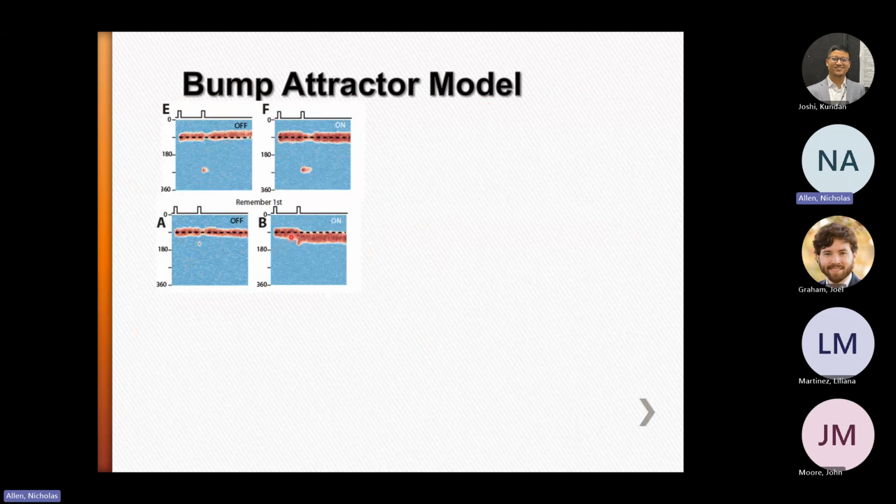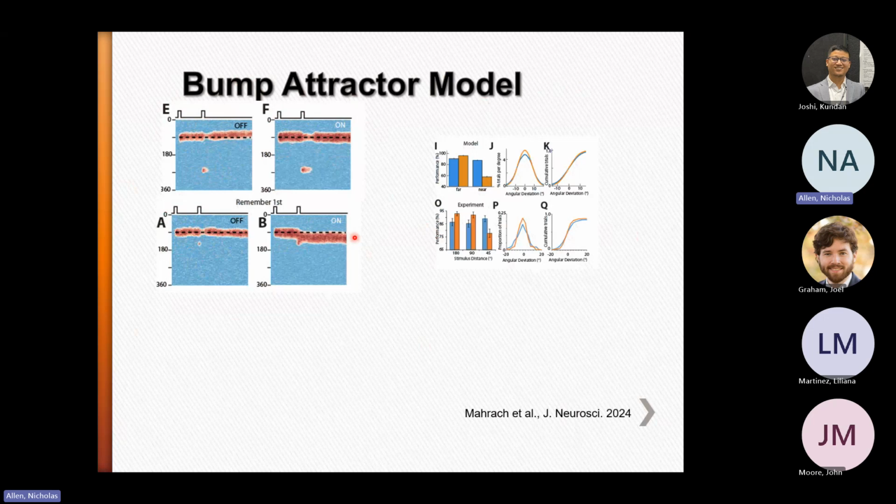The model predicted that sometimes those two bumps are going to move toward each other, and then the activity will actually drift. We went back to the experimental results and found out that in fact, it was better in working memory if they had to remember locations that were close with each other, then the performance was higher.